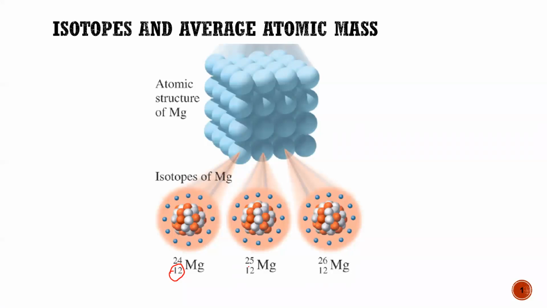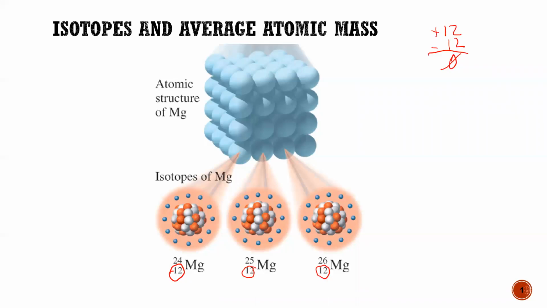And we notice that all of these atoms of magnesium have 12 protons in the nucleus. The other thing that all of these atoms of magnesium have in common is they have 12 electrons outside of the nucleus. That's because a positive 12 and a negative 12 make these atoms neutral.